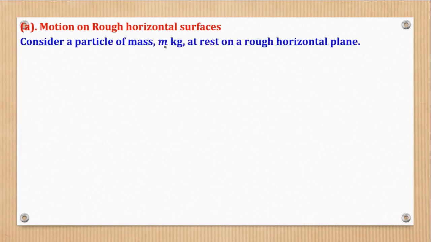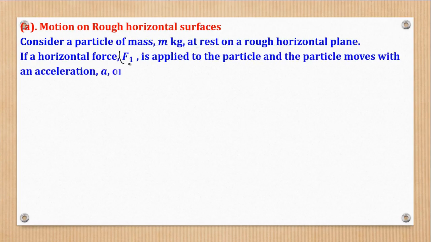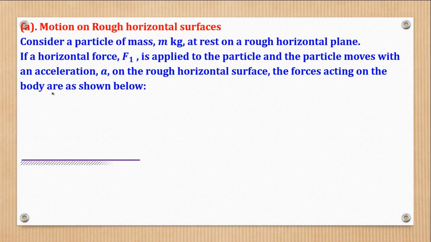So we shall consider a particle of mass m kilograms at rest on a rough horizontal plane. If a horizontal force F1 is applied on the particle and the particle moves with an acceleration a on the rough surface, the forces acting on the body are as shown below. So we need to draw a horizontal surface and the body. Because there is mass, there should be weight.